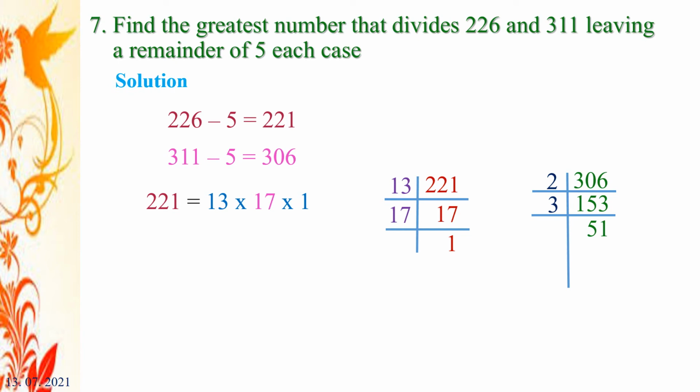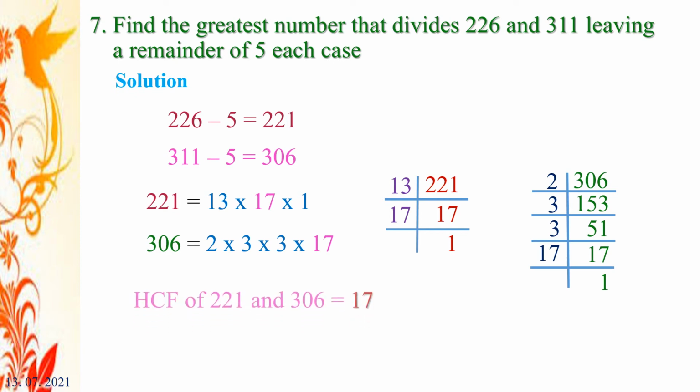Is it divisible? Yes, that is divisible. So 17 threes are 51. 17 is a prime number, so it is divisible by 17. So we'll get 1. Now we can write all the factors of 306, that are 2 multiplied with 3, multiplied with 3, and multiplied with 17.